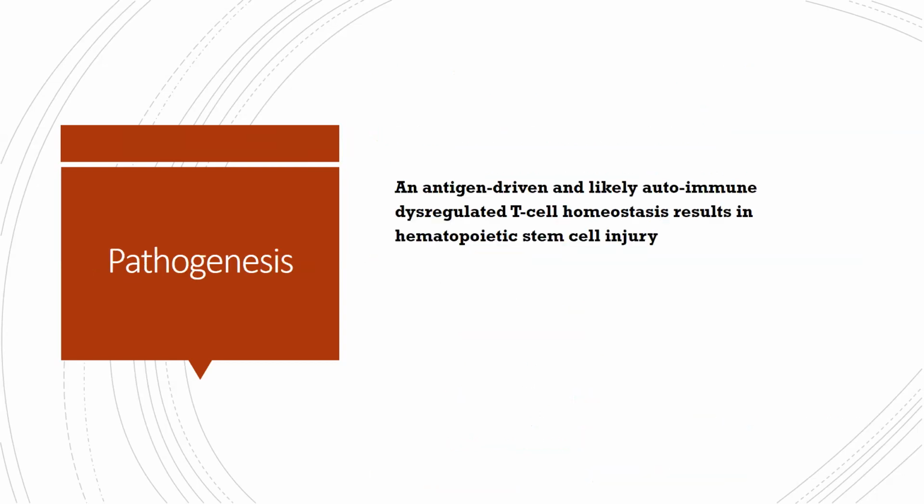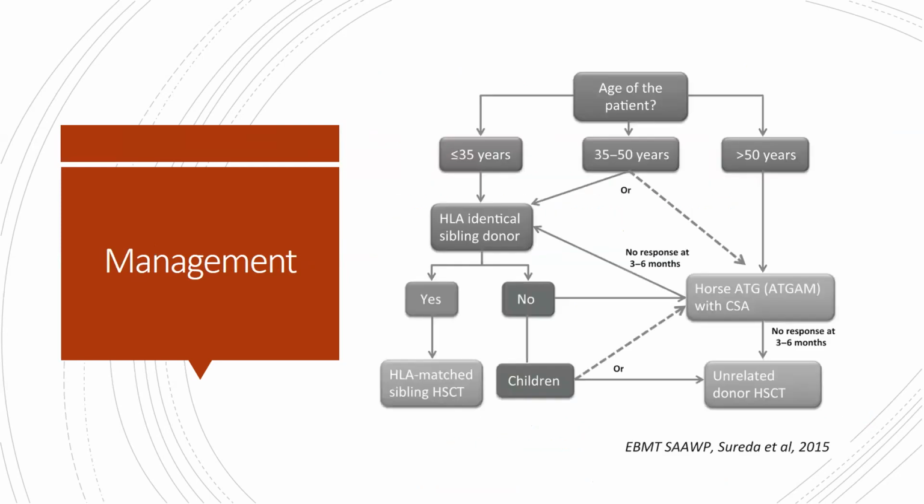So the pathogenesis of aplastic anemia is actually antigen-driven and likely autoimmune, with dysregulated T-cell homeostasis resulting in hematopoietic stem cell injury. And the treatment I'll just briefly go through. For patients in Malaysia less than 40 years old, we can try to have a matched sibling hematopoietic stem cell transplantation, if you manage to find a suitable donor.